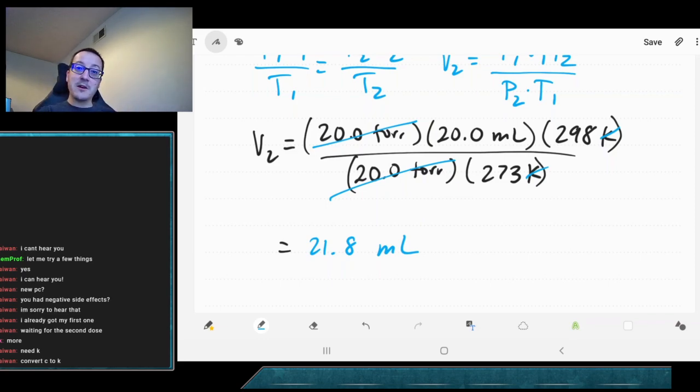Or if you're looking at a thermometer, especially a mercury thermometer, you know that you have the liquid in the bottom, or if it's an alcohol thermometer, it's the same thing. You know that as temperature increases, it moves up the thermometer as that liquid expands inside.